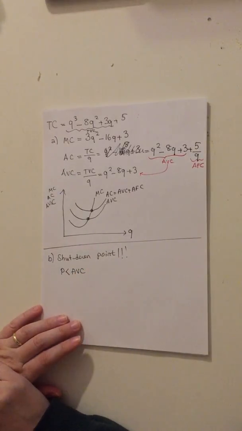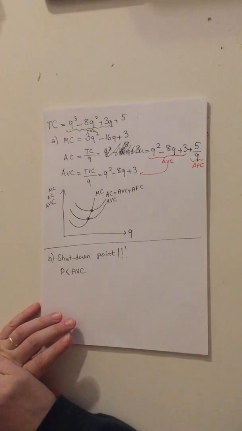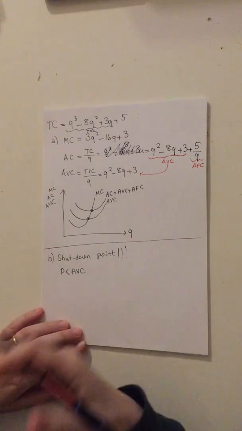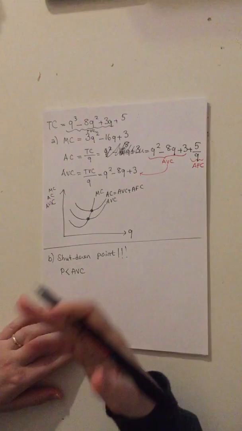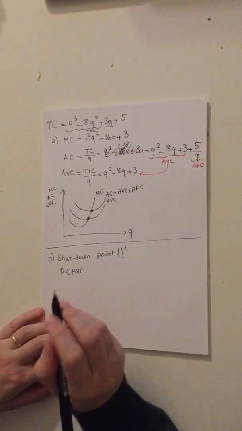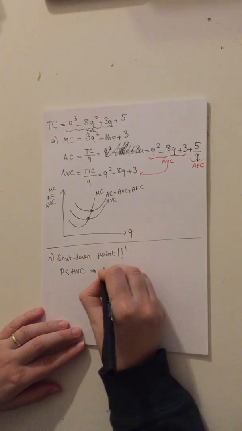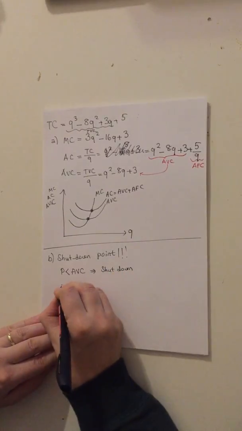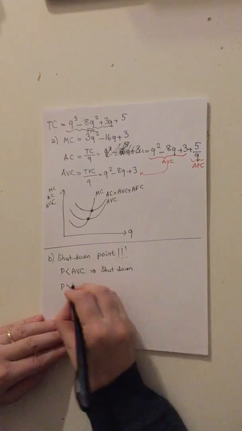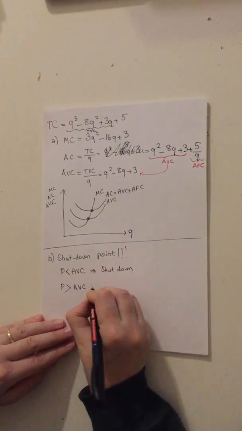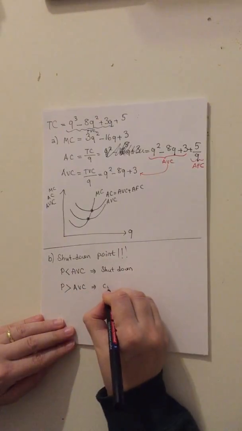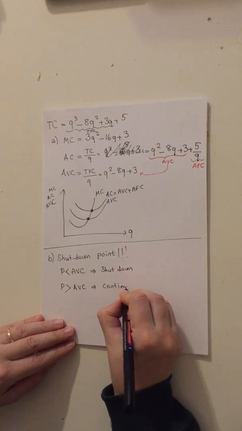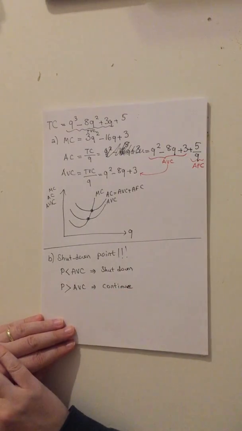Firms want to cover at least average variable cost to continue their business. So that is the condition for shutdown. And if price is greater than average variable cost, the firm will continue its business.